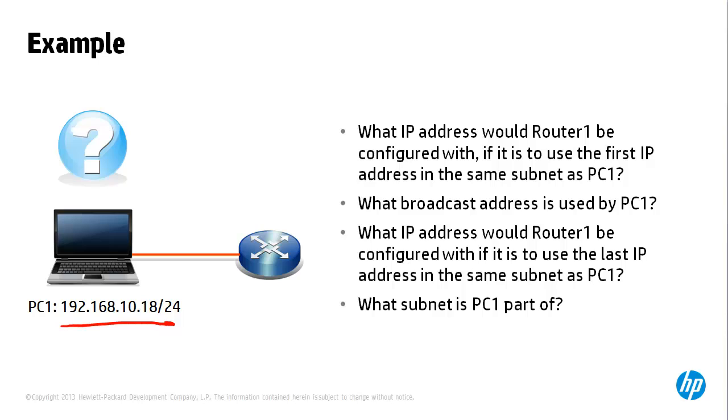And lastly, what subnet is the PC part of? So this is the first, this is the last, this is the broadcast, and this is the subnet address. Once you get good at these methods, you should be able to work that out in about 30 to 60 seconds. So without further ado, let me show you how to do that.